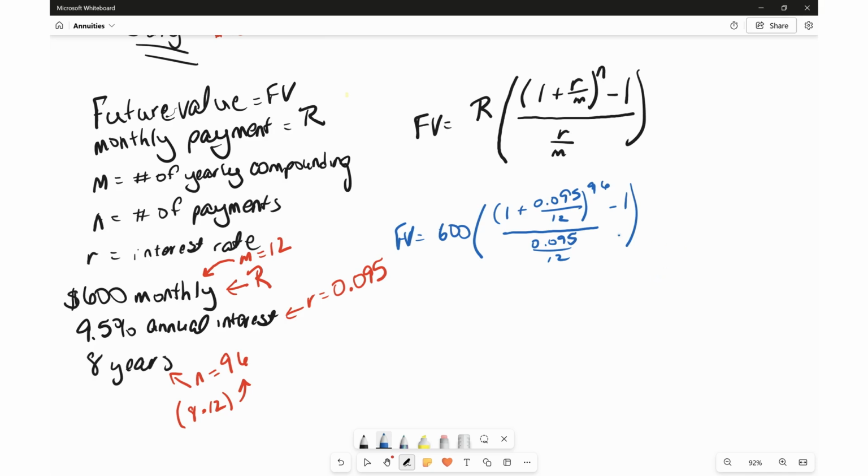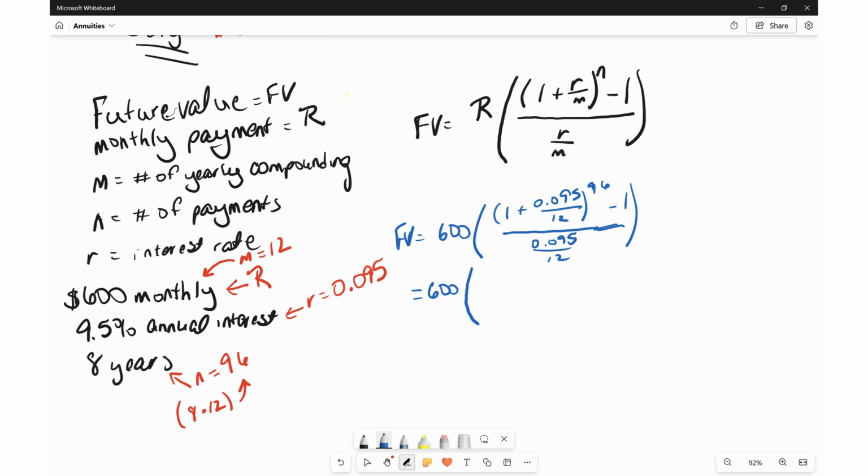Now, some of you may have calculators that you can put this whole thing in right away and everybody's happy. One thing that I'm going to caution you about is that when it comes to doing problems like this, parentheses are going to be your best friend. So I'm going to walk this through a little bit. Because if you are unsure of parentheses and where they should be placed, that can create a huge problem.